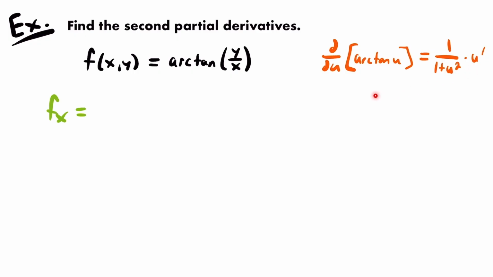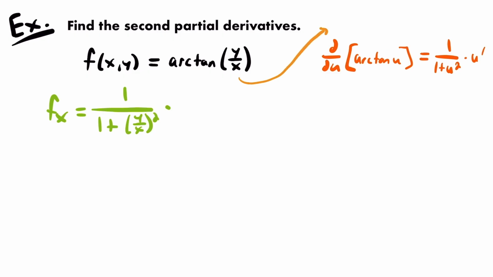So in this case, the inside function is y divided by x. So we would get 1 divided by 1 plus (y divided by x) squared, times the derivative of y divided by x with respect to x. And so that's a little bit tricky because x is in the denominator, but we could rewrite it so that's a little bit easier to work with.